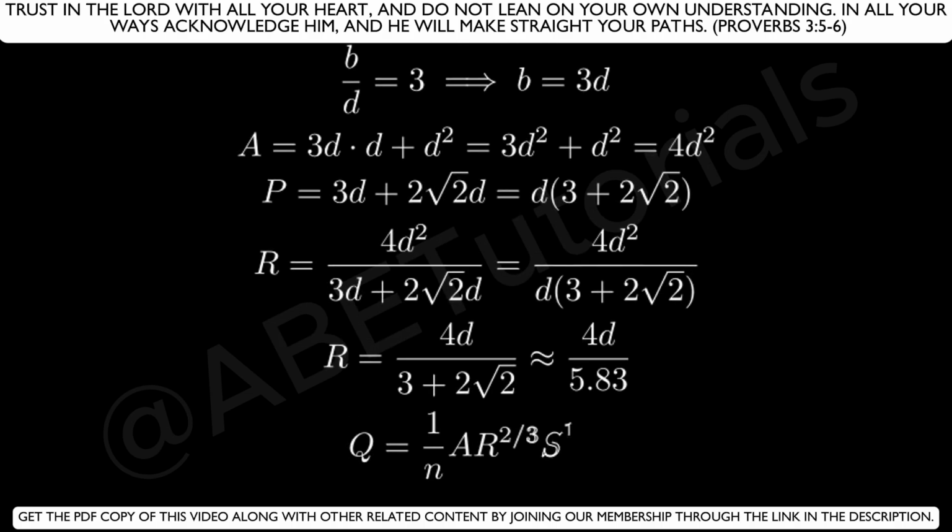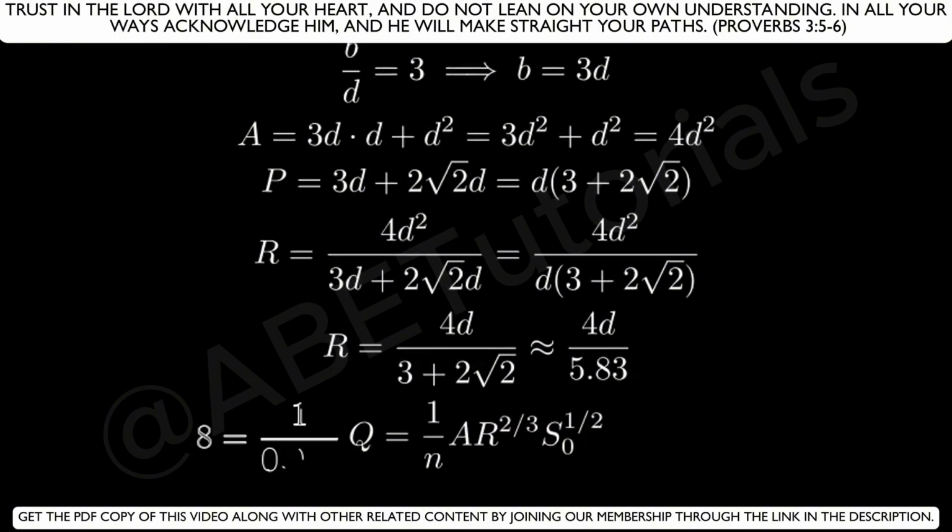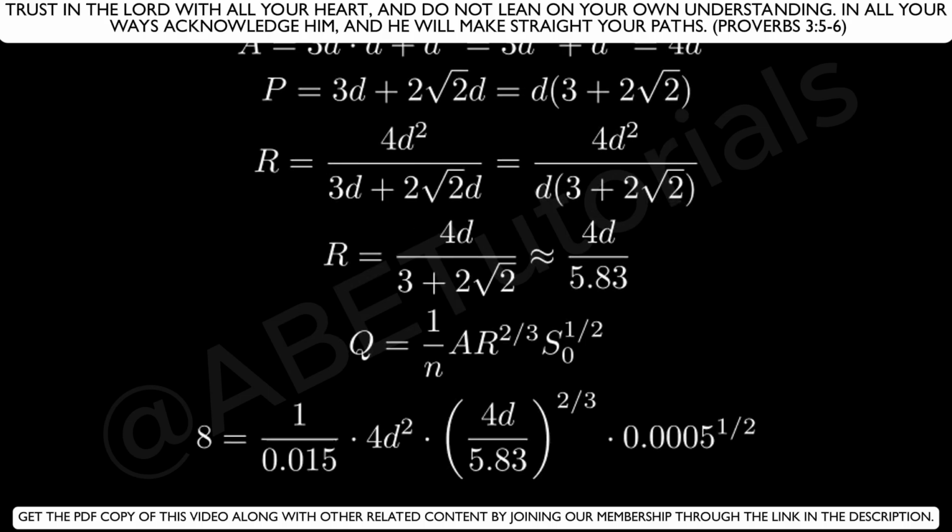Now, we can substitute everything into Manning's equation. Q equals 1 over n times A times R to the power of 2/3 times S to the power of 1/2. Substituting our values, 8 equals 1 over 0.015 times 4d squared times (4d over 5.83) to the power of 2/3 times 0.0005 to the power of 1/2.